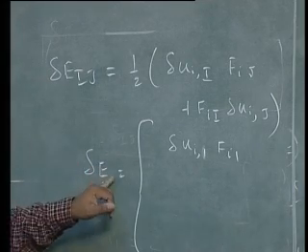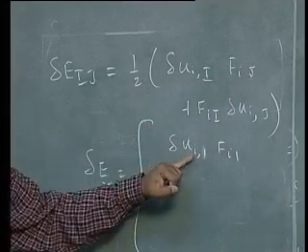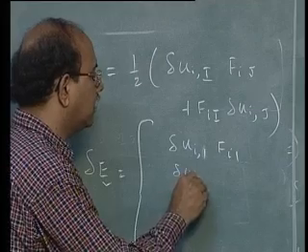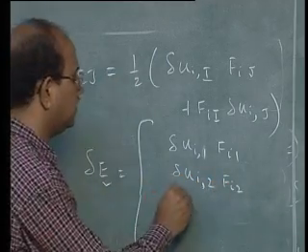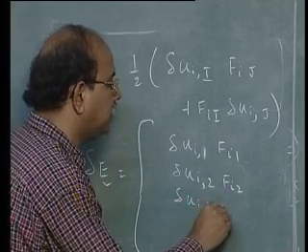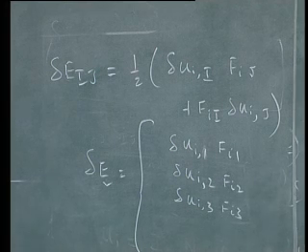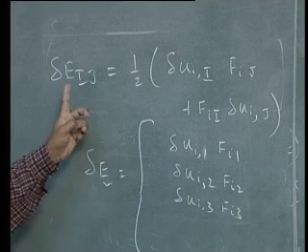So δE_22 is δu_i,2 F_i2, and δE_33 is δu_i,3 F_i3. So if I want to write down 1, 2.